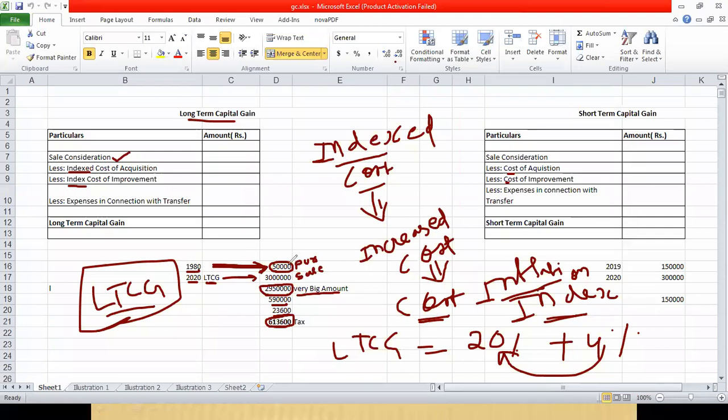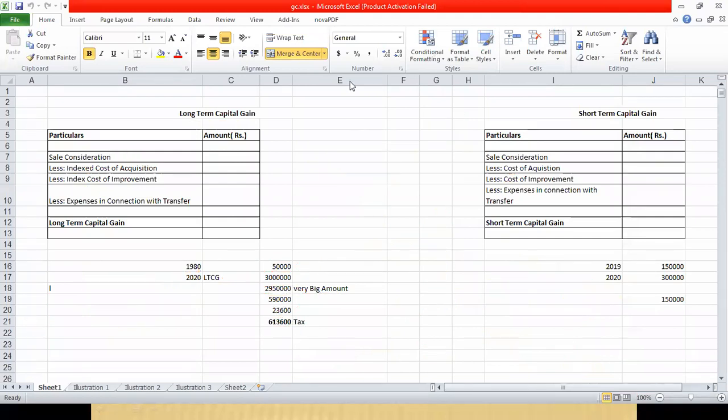So to bring the 1980 cost to the 2020 term, we will apply indexation. Then only we can compare. Otherwise, it will not be a proper comparison, and a huge amount of tax will be liable. Clear this much, everybody? What is indexation and why is it applicable?